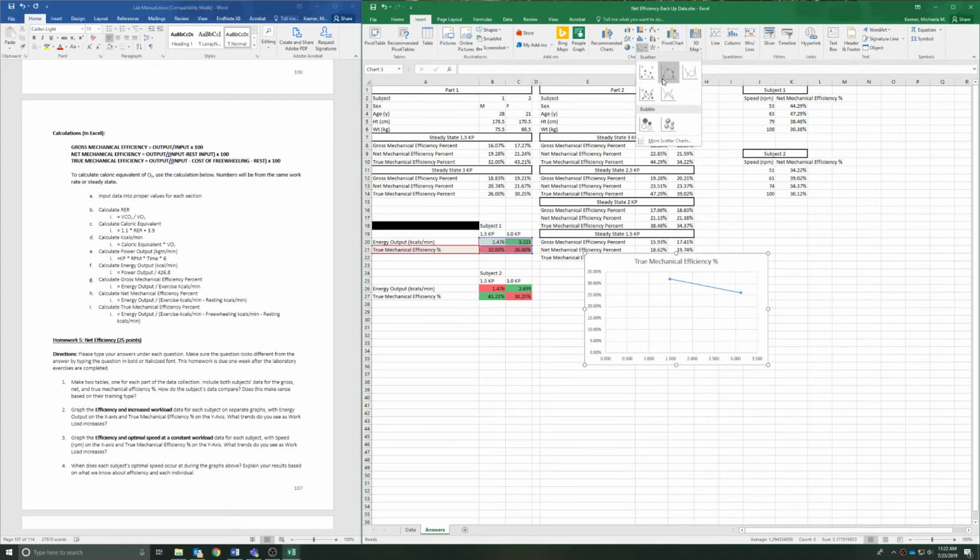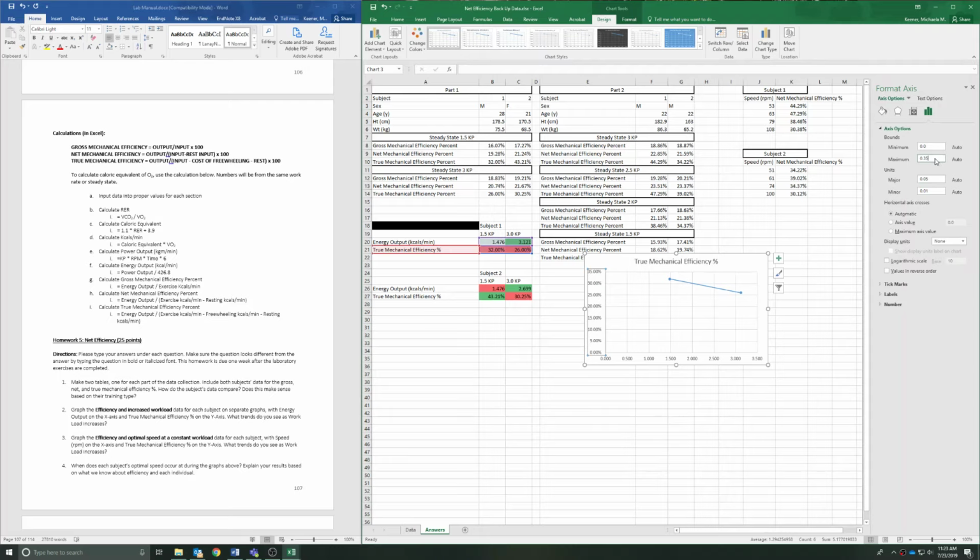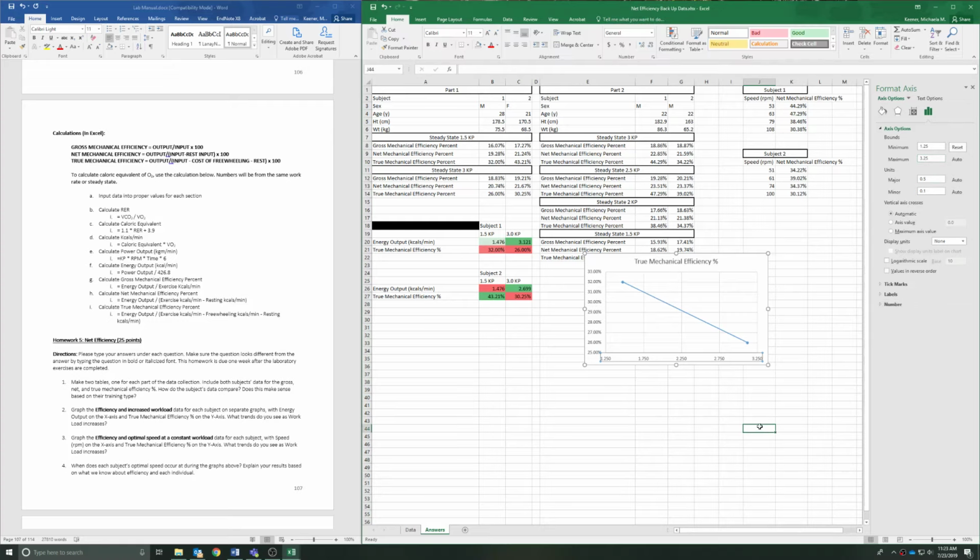go in, and change everything that we need to change. We don't go below 0.25. And here we don't go below 1.25.